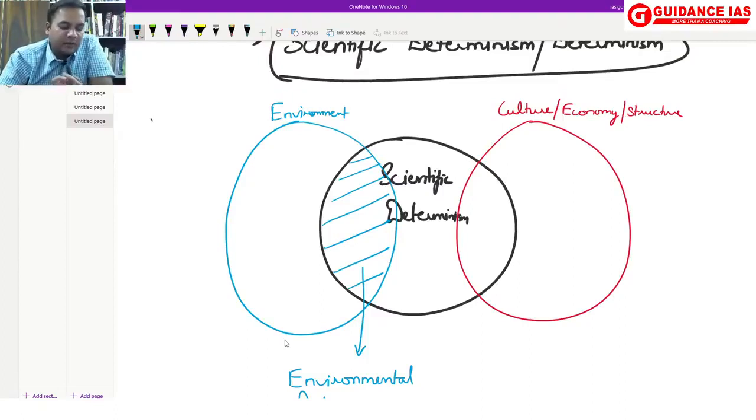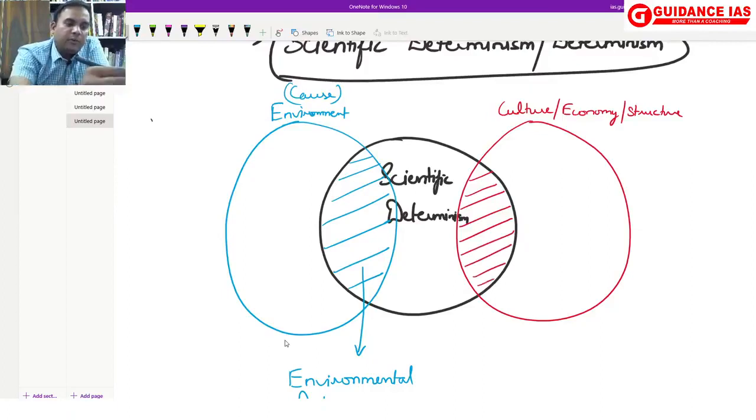So can you grasp what is environmental determinism? Yes or no? Tell me fast. Because here we are trying to find the cause in the environment. Here lies the cause. On the other hand, when we are trying to find the cause not in the environment, we are trying to find the cause in culture, economy, or structure.